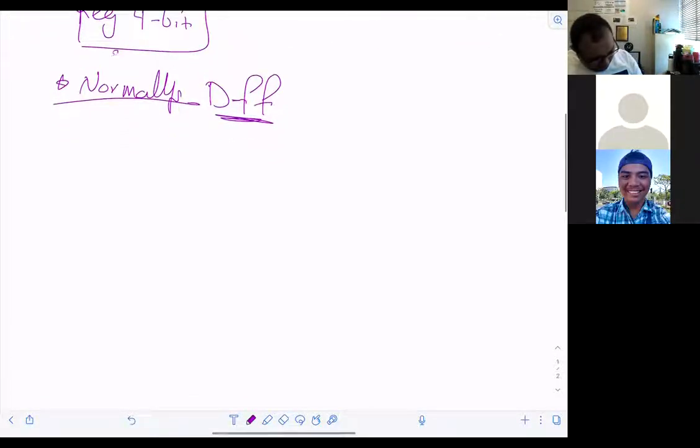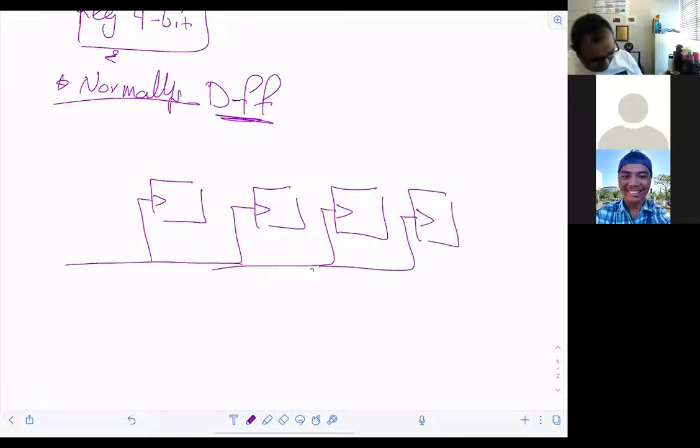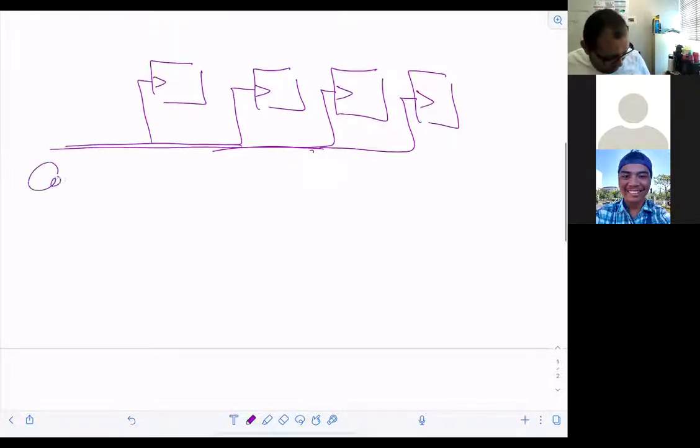So if I would like to build this, I can just say here is one flip-flop, here is another flip-flop, and here is another, and another. So I have now a 4-bit register, but I didn't say how the input and output will be taken into consideration. So what is this actually called? It's called configuration.